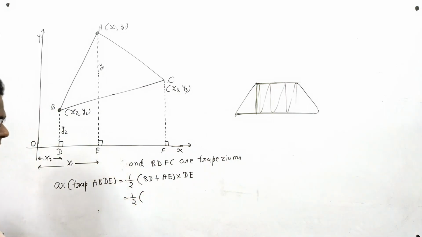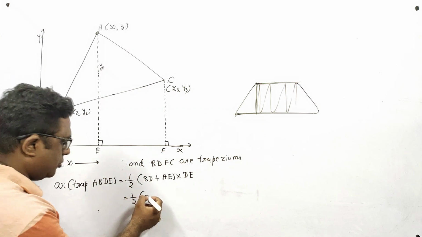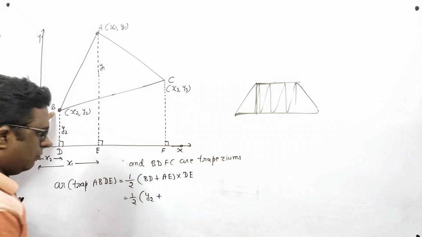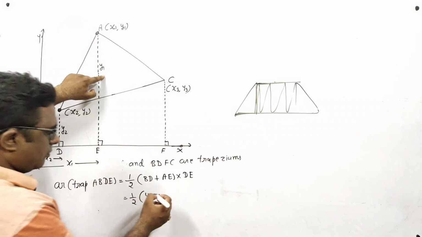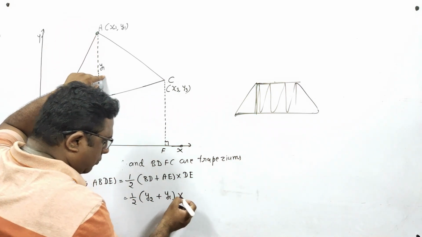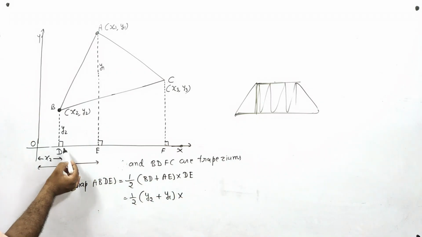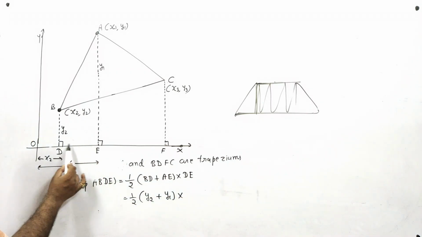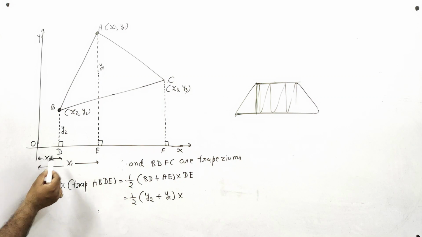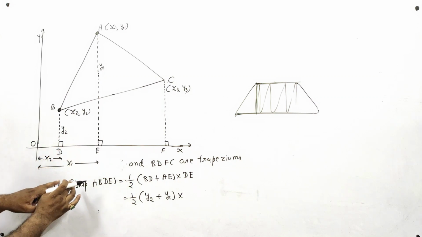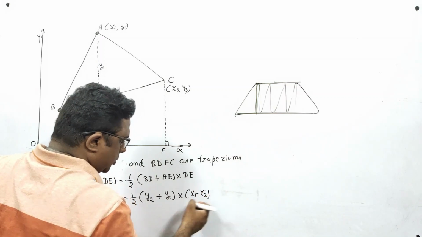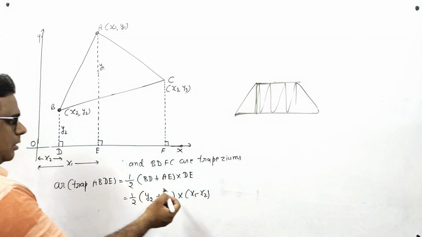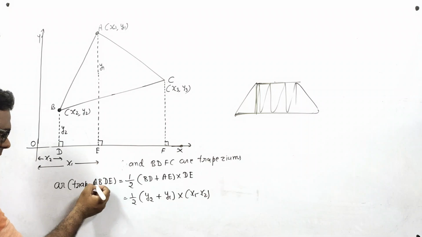Now let us write down the value of BD. What is the value of BD from the figure? The value of BD is y2. And what is the value of AE from the figure? The value of AE is y1. Into DE. So DE is this, and DE is simply the difference of x1 and x2. So in place of DE, I can write x1 minus x2. So I have obtained the area of trapezium ABDE.